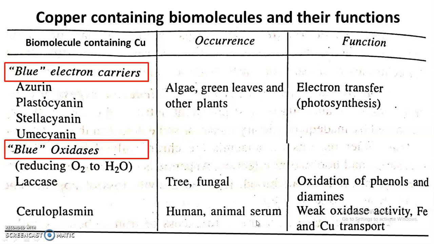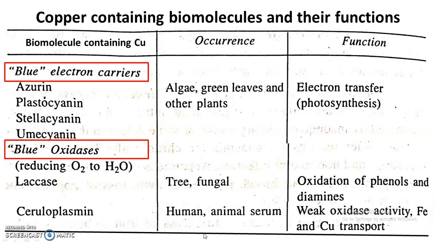It is an intensely blue protein containing 0.3% copper and found in the plasma of most animals. It plays an important role in iron metabolism, and in the storage and transport of copper.